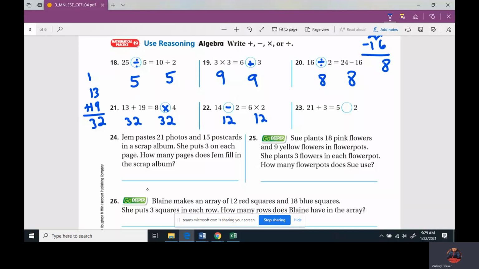I want you guys to see if you can figure it out by yourself. We got one side figured out. Then you got to see if you can make it with the other side.